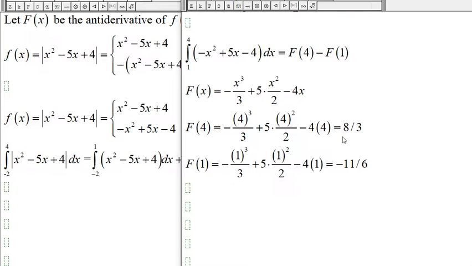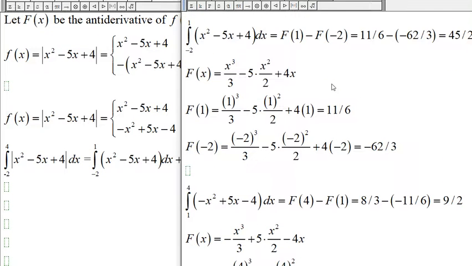And then evaluating, we get 8/3, and then for F of 1, we get negative 11/6. And so this right here becomes 8/3 minus negative 11/6. And this will come out to be 9 halves, or 4.5.